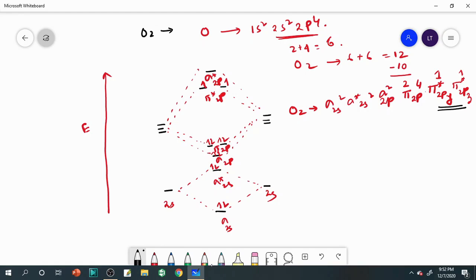So the conclusion is, you just remember, if there occur unpaired electrons, that species will be paramagnetic.